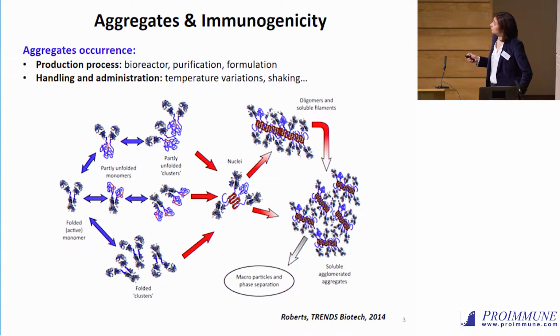For example, two monomers that are partly unfolded will interact to form first a reversible interaction, but they can also make an irreversible interaction to form a small nucleus, the first small aggregate. And then this aggregate will grow and give bigger particles.